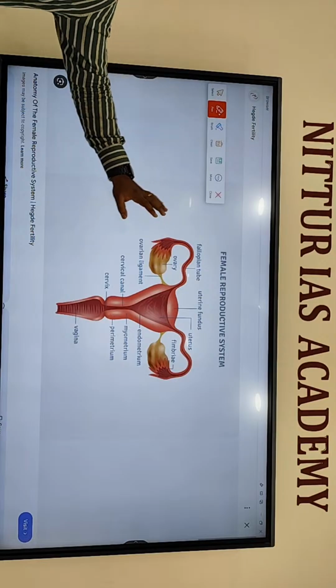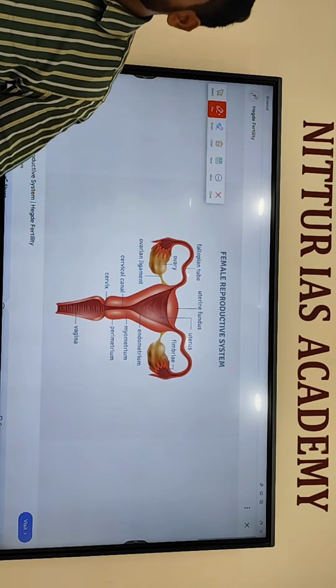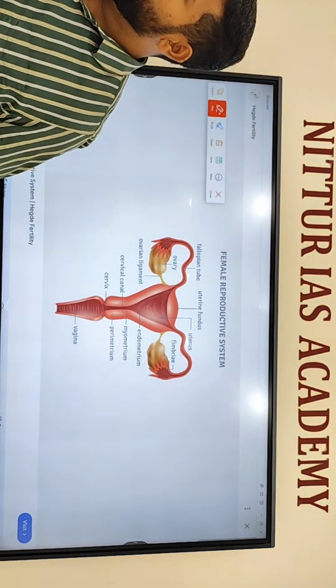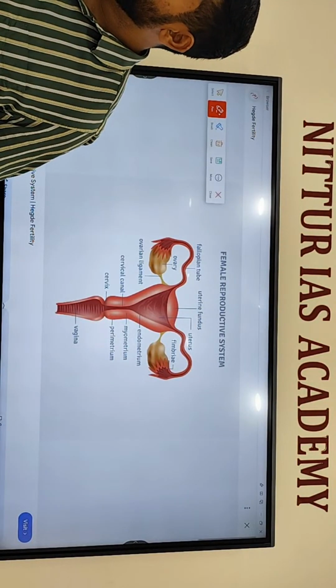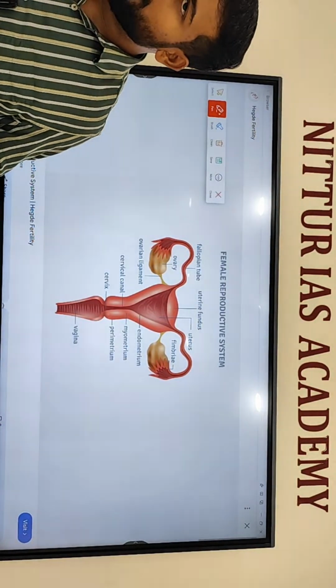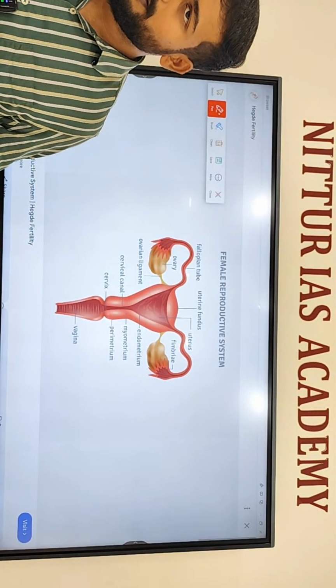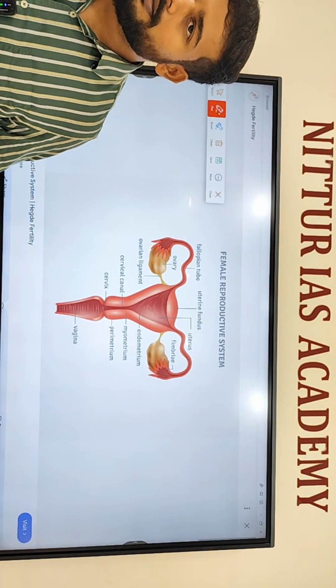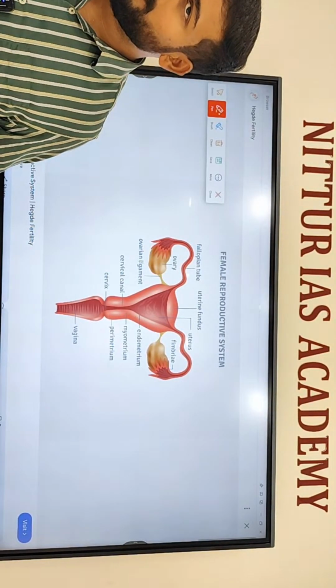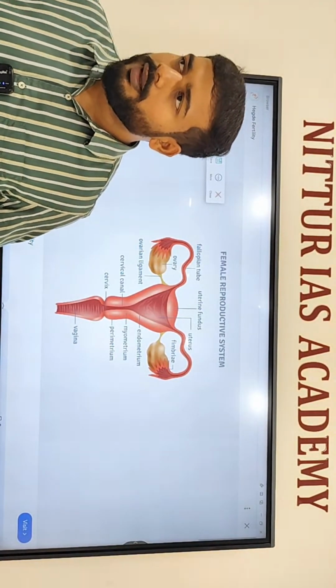See, in male, when a person reaches the age of puberty, 14, 15, the sperm cells start to be produced. In children, sperm cells will not be produced.